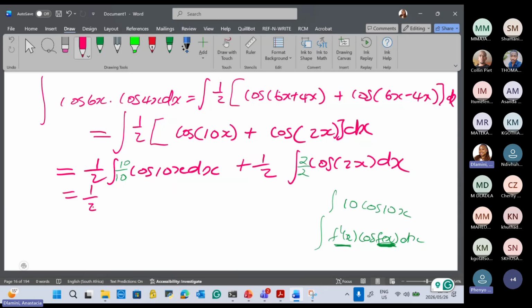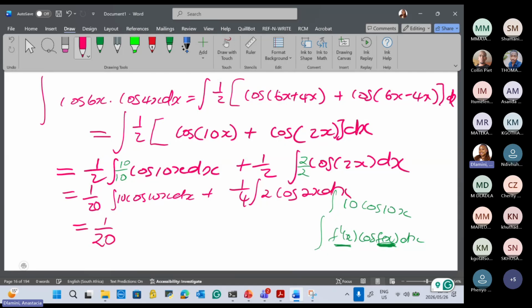So this will be equal to 1/20 integral of 10 cos of 10x dx plus 1/4 integral of 2 cos of 2x dx. The integral gives sine 10x plus 1 over 4 sine 2x plus c.